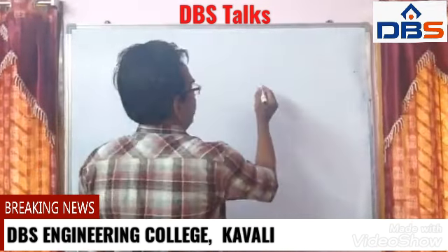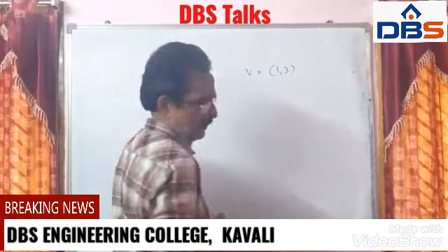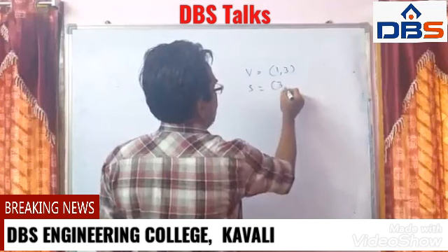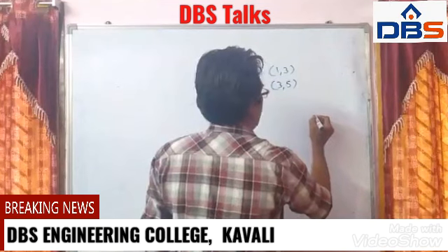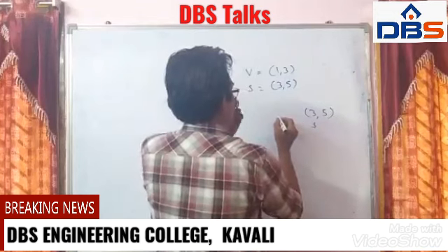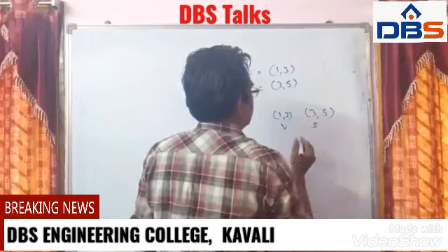See our next problem, friends. Find the equation of the parabola whose vertex is (1, 3) and focus is (3, 5).